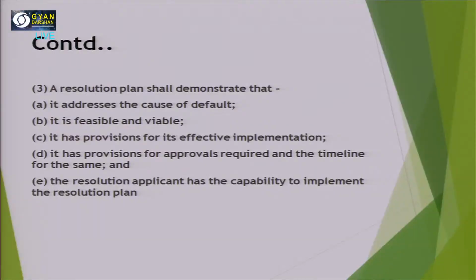Then comes 38(3), which says a resolution plan shall demonstrate that it addresses the cause of the default. As I have told you in the beginning, the identification of the cause of default is the basic requirement. Otherwise, if we do not know the disease itself, the cure would be very difficult.